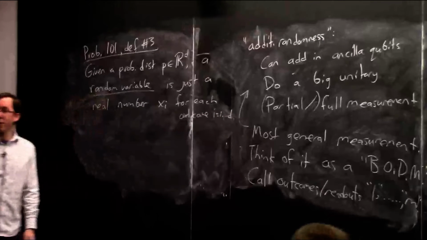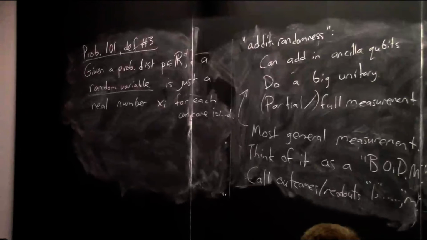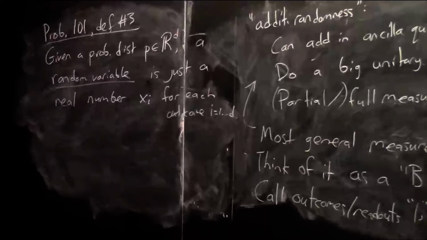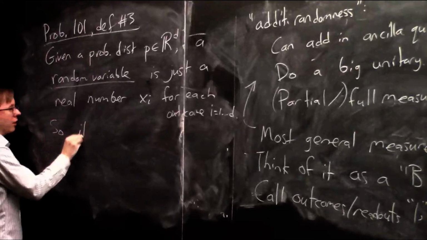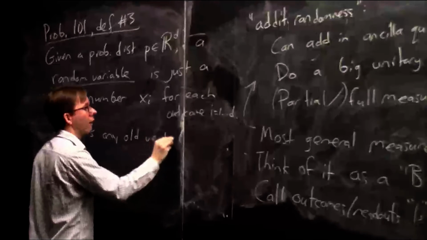That specifies a random variable. For each possible outcome, 1 through D, in your draw from P, you have an associated real number. That's the random variable's value on that outcome. And therefore, it's just any old vector, x.